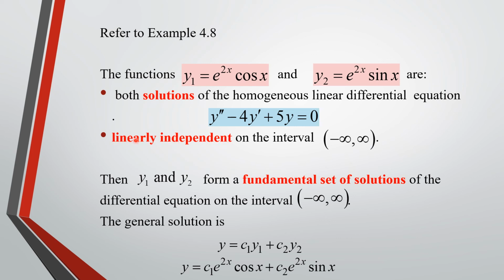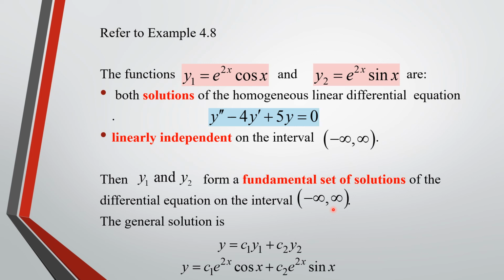By using the Wronskian, we found out the Wronskian is not 0, W is not 0, and so we conclude that they are linearly independent. Now, since y1 and y2 are solutions and they are linearly independent, we conclude that they form a fundamental set of solutions of the differential equation on the given interval.